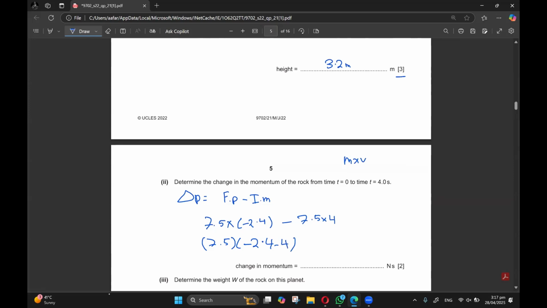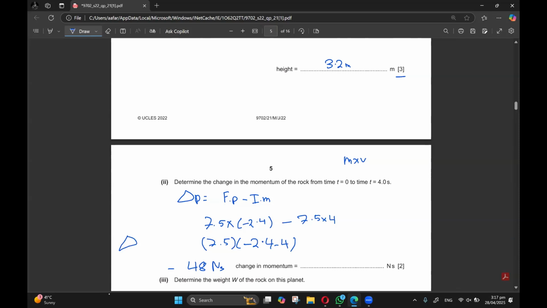So we get 48 Newton second. Since it's asking for change, we write Newton second since it's basically force into time.